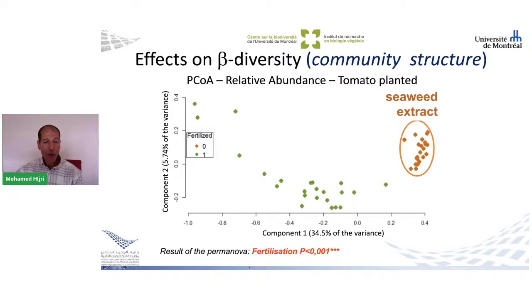And of course, using PERMANOVA is really the appropriate way to test the significant effect on the community structure. We had a really highly significant factor of fertilization. And somehow fertilization here, I mean by application of seaweed extract, had a highly significant effect on the community structure, and somehow it shaped the community structure associated with tomato and pepper.